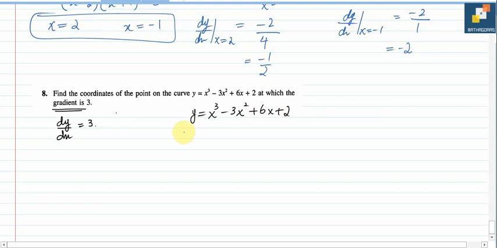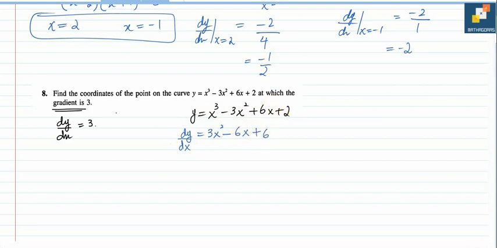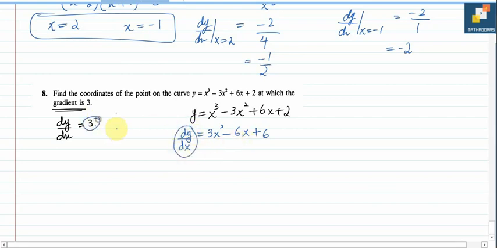You need to differentiate it first. So if I derive dy by dx, what we need to do is just bring the power down and subtract 1 from the power. So it will be 3x square minus 2 3s are 6x plus 6, and the derivative of constant is 0. Alright, so we have done the differentiation. Now the value of dy by dx is known here, so we need to place that value. So it's 3 equals 3x square minus 6x plus 6.